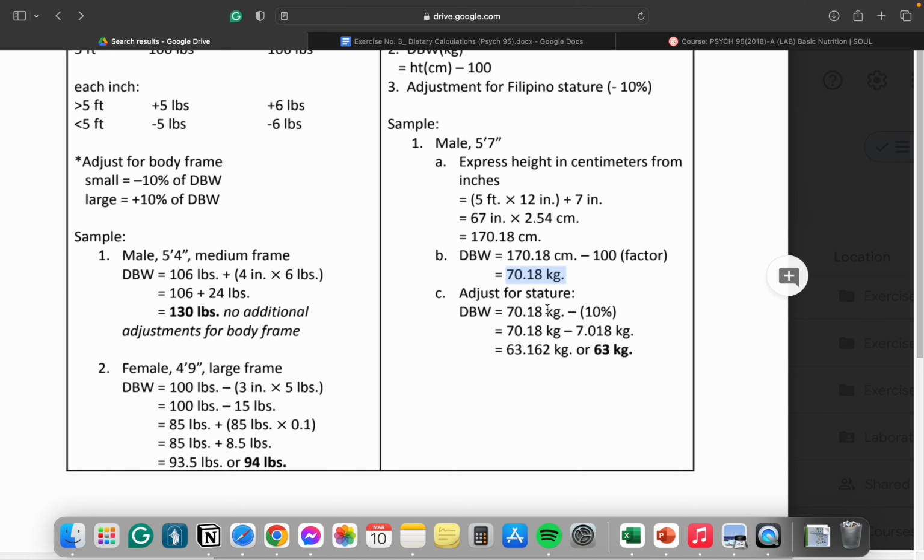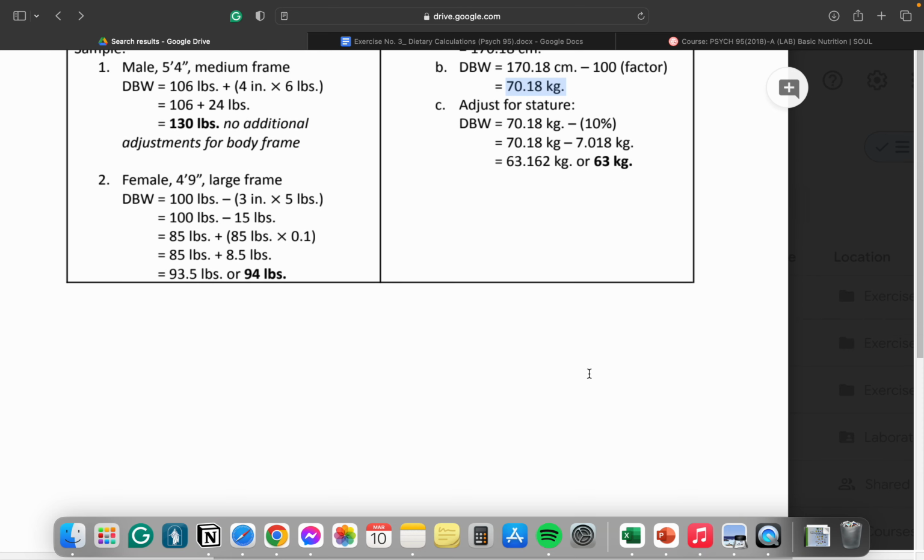And then we need to adjust for Filipino stature if you're Filipino. So you determine 10% of 70.18 kilograms. So 70.18 kilograms, 10% of that is 7.018. And we have 63.162 kilograms or 63 kilograms.